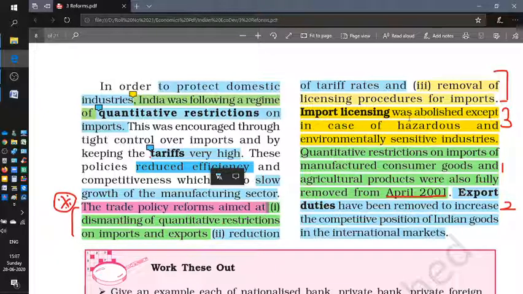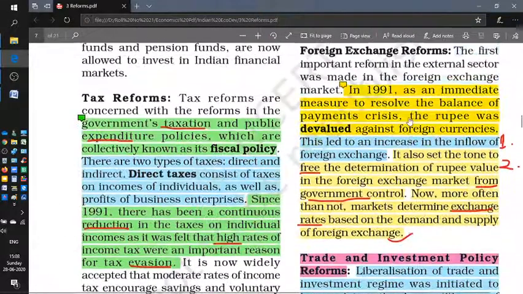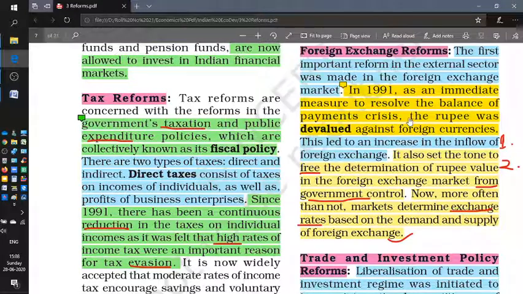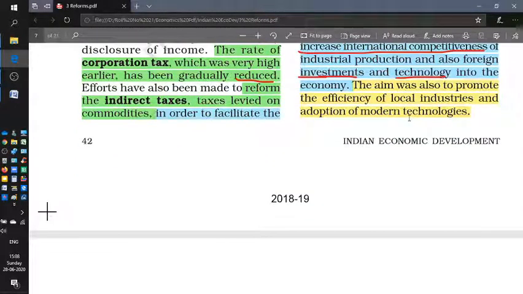So these are what you've learned. So many, isn't it? Right from the top, reforms on taxation, direct tax and indirect tax, GST, reforms on foreign exchange, devaluation, market-linked foreign exchange rate, trade and investment policy, doing away with all those restrictions, licensing.